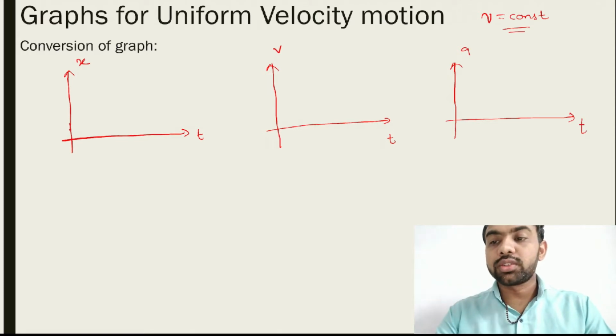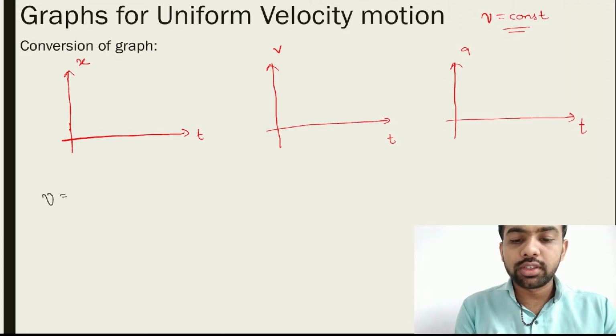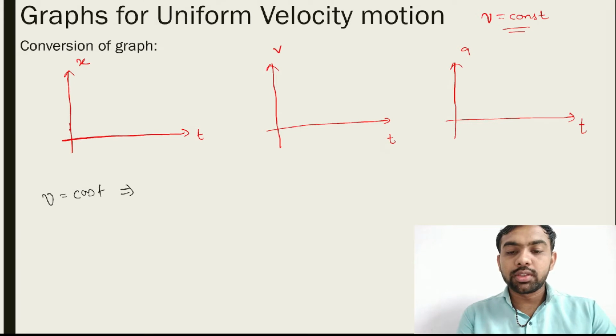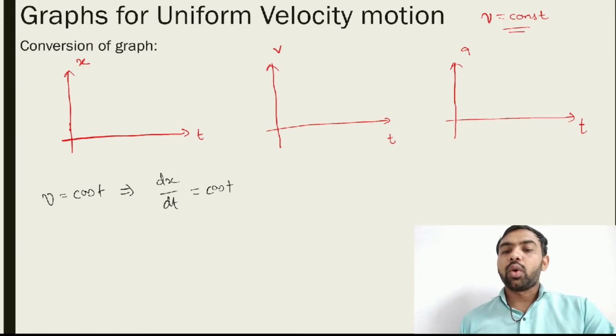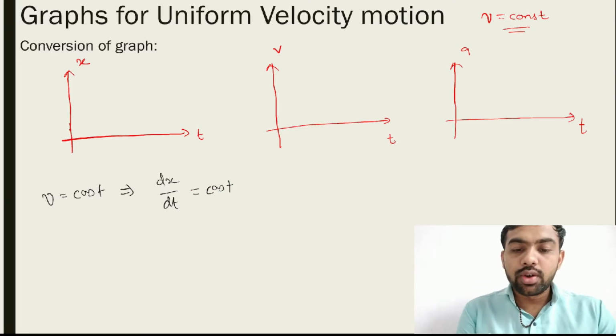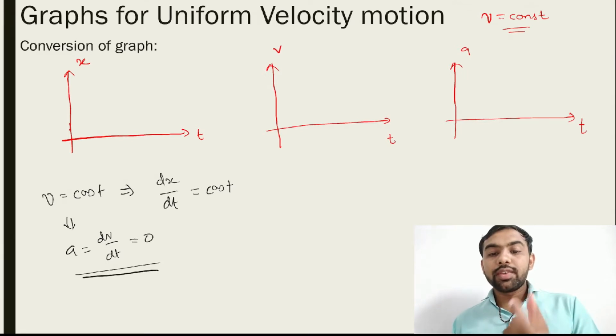If velocity is constant, you understand it properly. If velocity is constant, it means dx by dt is equal to constant. And what about acceleration? Acceleration is equal to dv by dt, that is equal to 0. Why? Because dv will be 0.